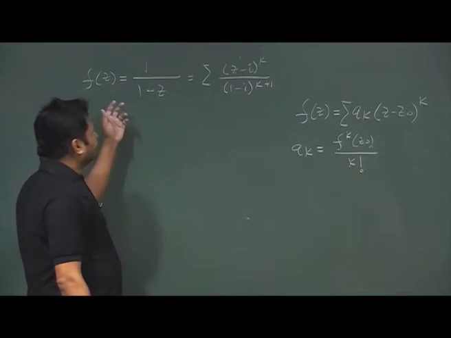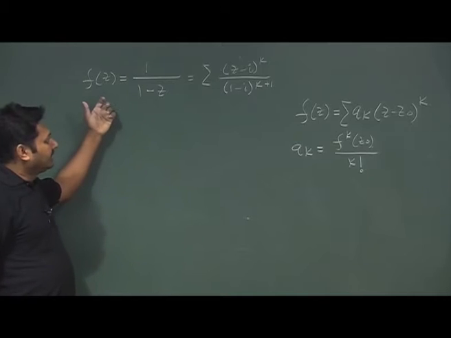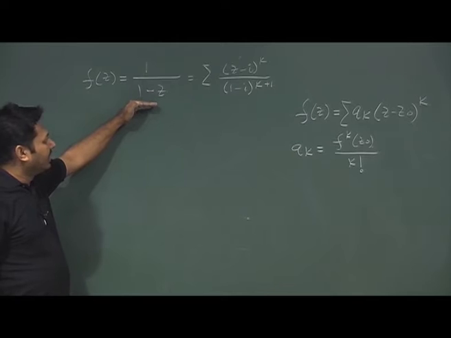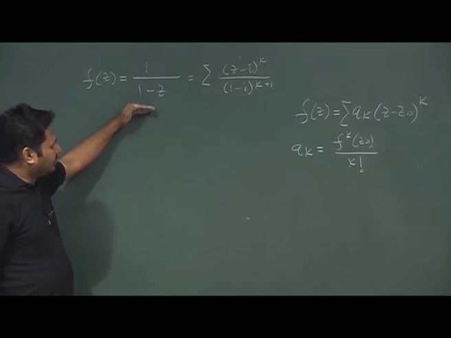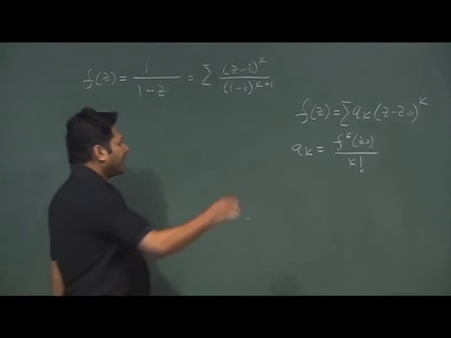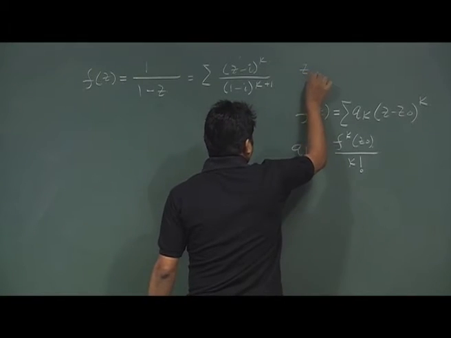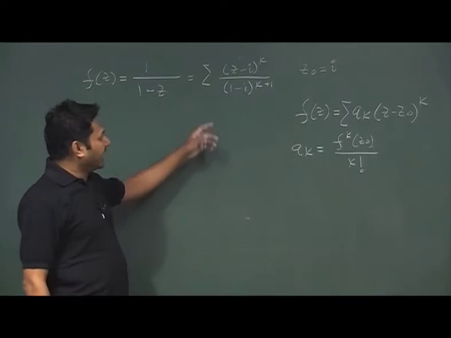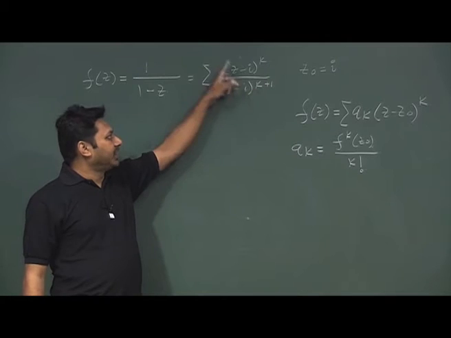So, I have already written the expression that we found in our last class, that f(z) is given by this, and we were asked to expand this particular function in terms of Taylor series around the point z0 equal to i. I did the calculation and my result was something like this.